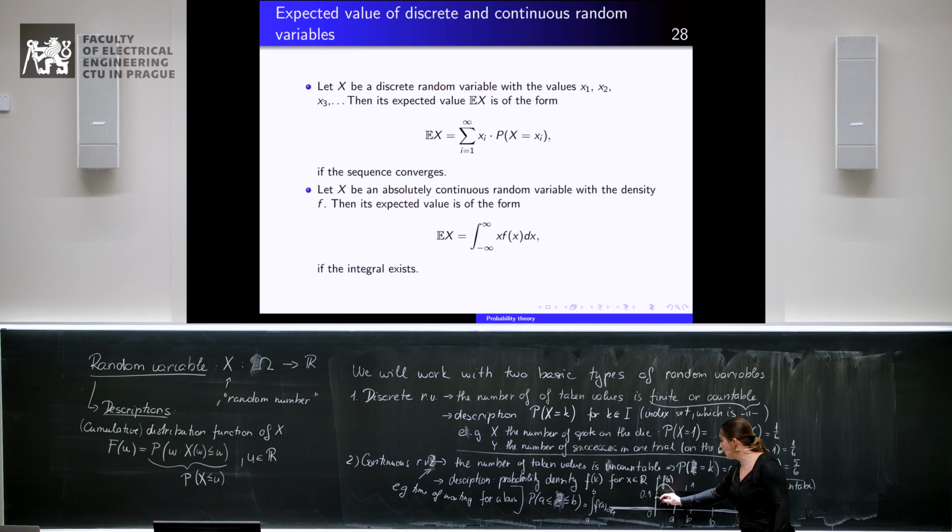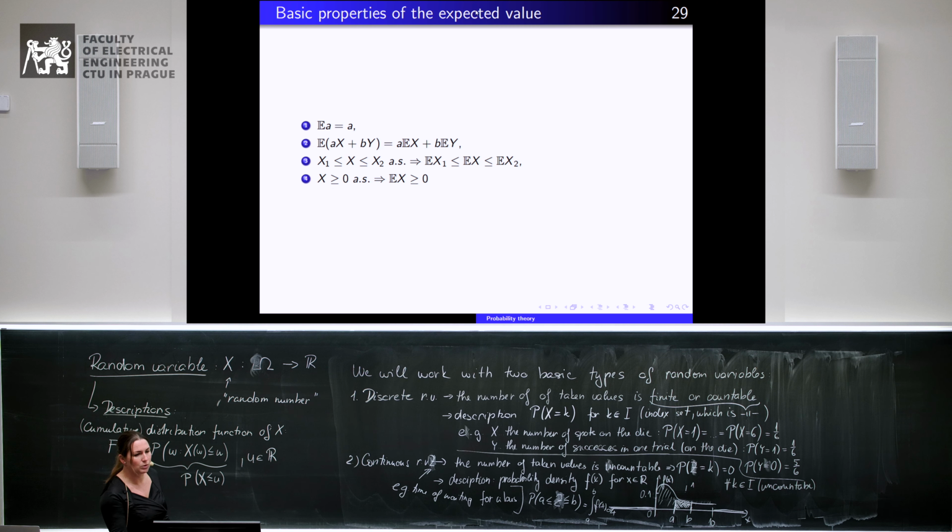With higher probability, we come to the bus stop so that we wait a shorter time, and with smaller probability, we wait a longer time, but still it holds that the probability that the time of waiting is somewhere between A and B is equal to the area below the curve. So it means the integral from A to B of this function. And it is what we did last week.